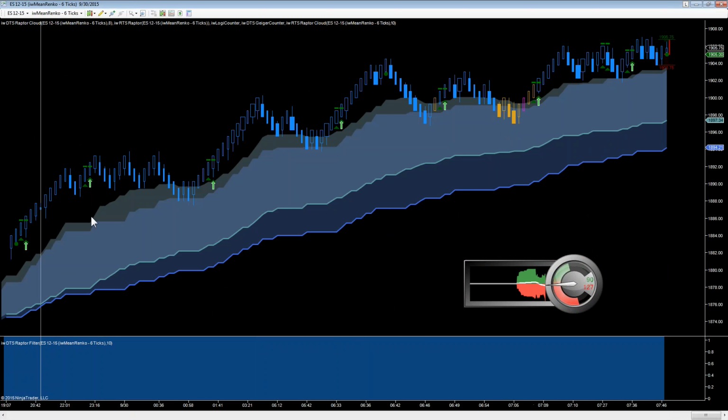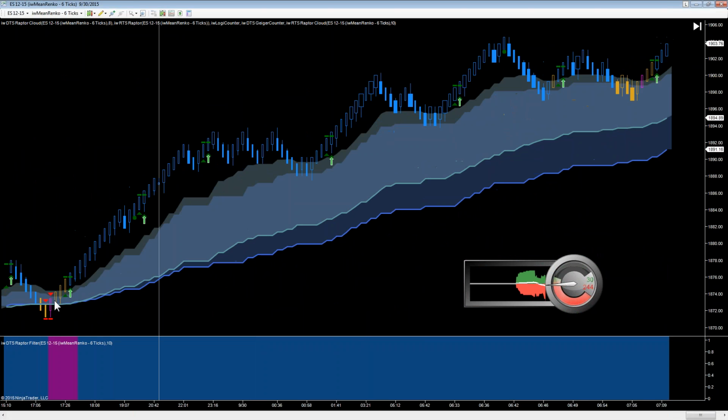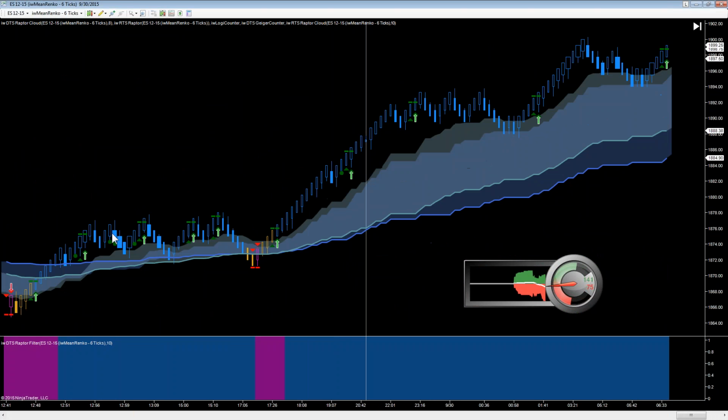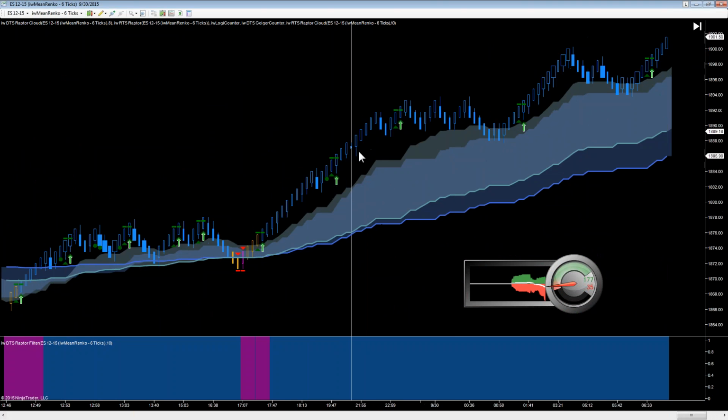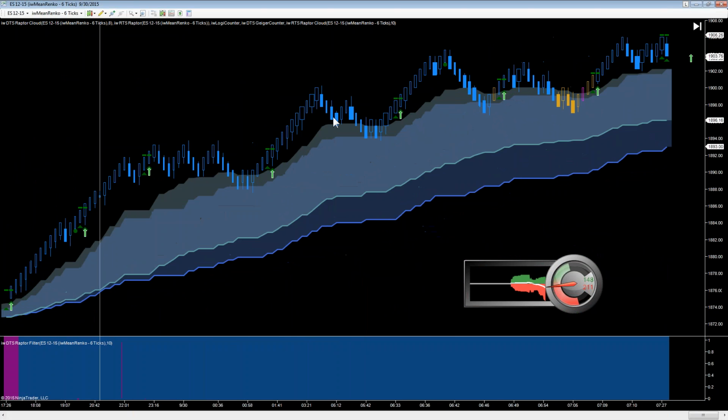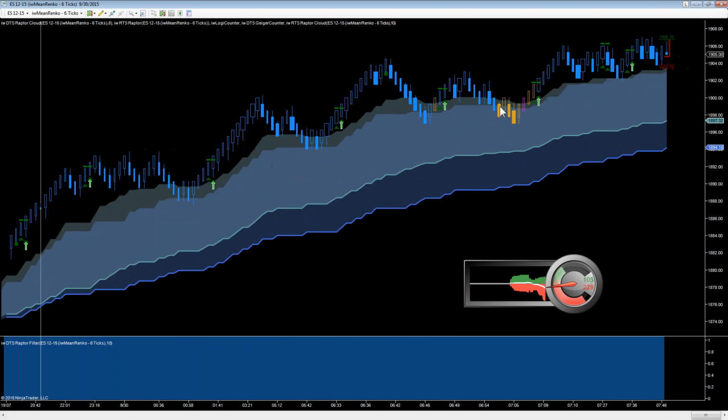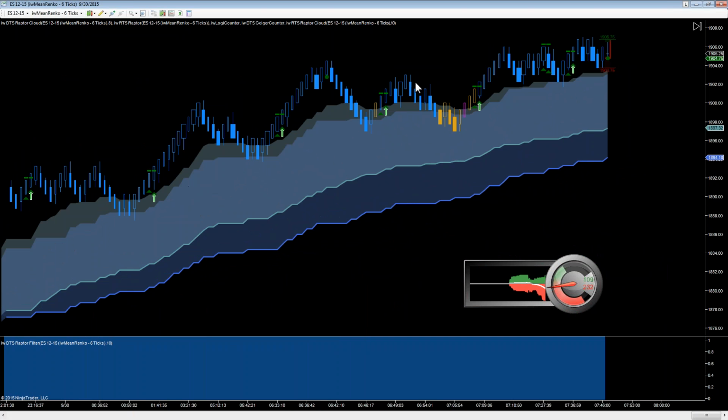Unfortunately, the best signal probably came here in the Asian session as the clouds crossed over, or the end of yesterday's session. We got the cloud crossover, we got the buy signal, the hard edge bounce. The market just continued higher. It's been nothing but soft edge bounces all the way, which is actually very bullish, by the way. If the market is not even getting to the hard edge, that's a very bullish sign.